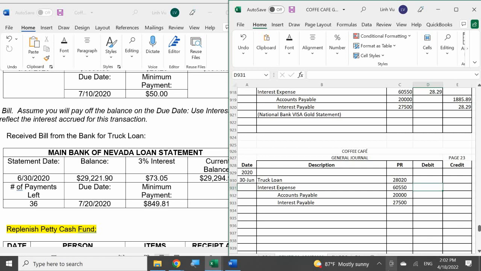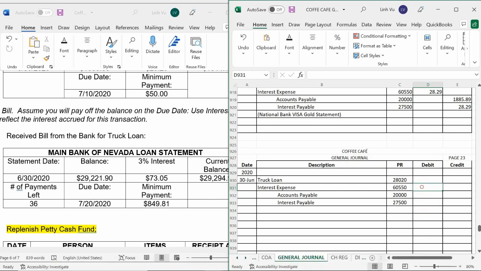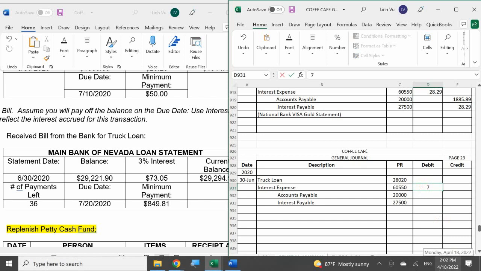How much was interest charged? The $73.05, right? That's how much interest was charged for the month of June. So how much of the $849.81 is actually going to go towards the principal? How much is actually going to go towards the loan?